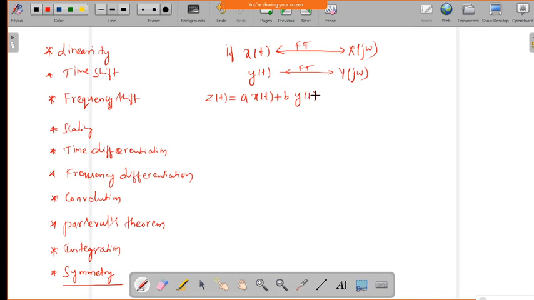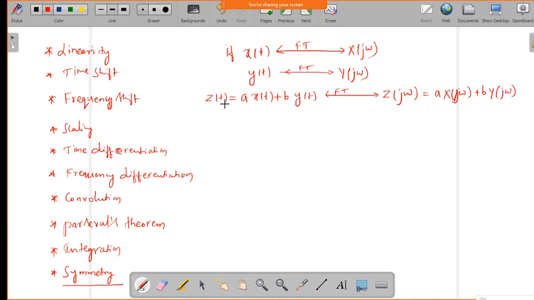So then the corresponding Fourier transform is given by z of j omega, which is equal to a into x of j omega plus b into y of j omega.